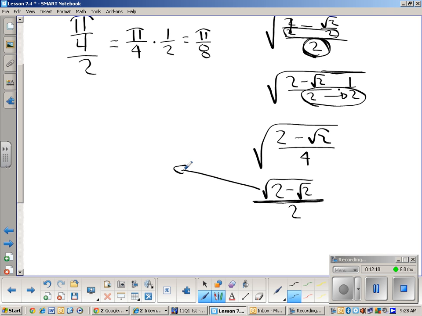This here is really saying 2 minus square root 2, to the 1/2. And I can't just distribute my powers like that. I'd have to expand it, which when it's a rational exponent is a lot more complicated. So the answer here would just look like this.